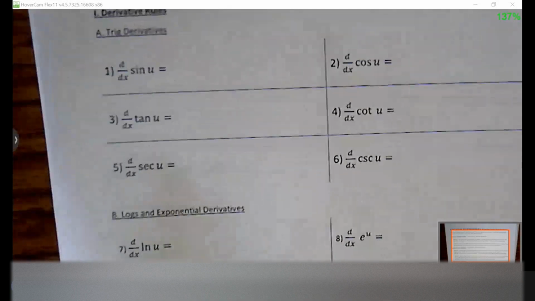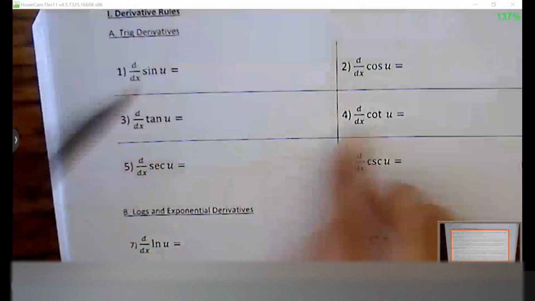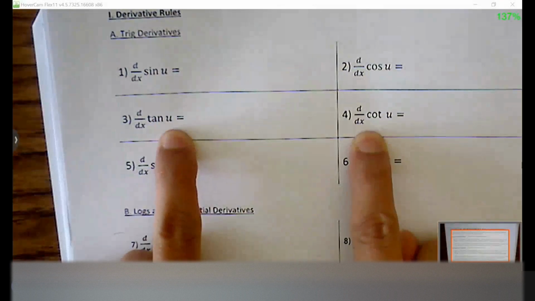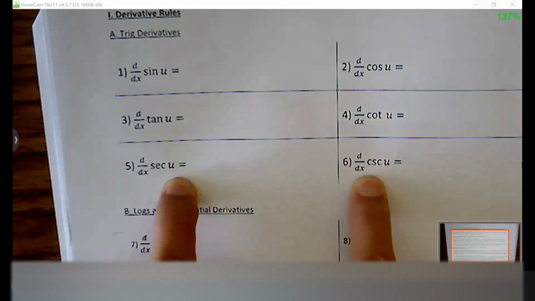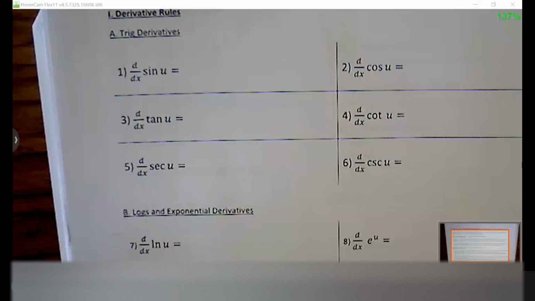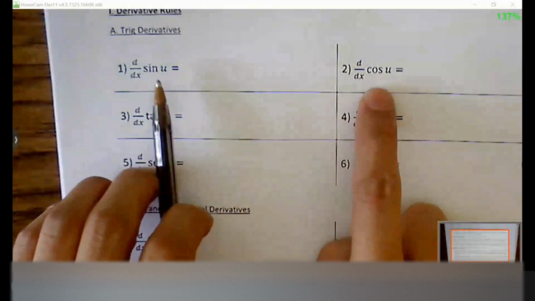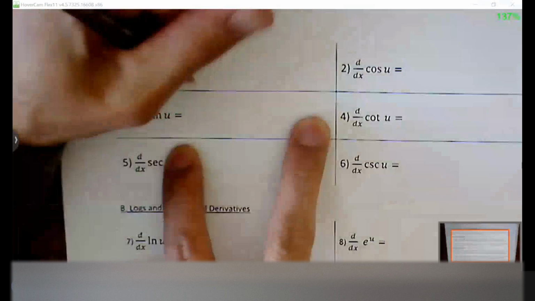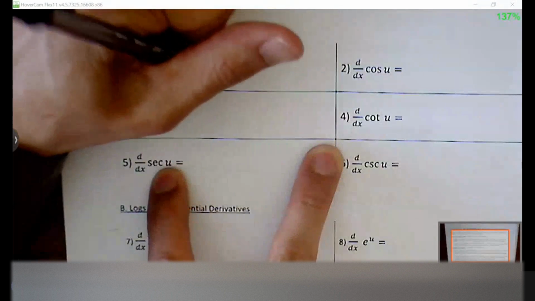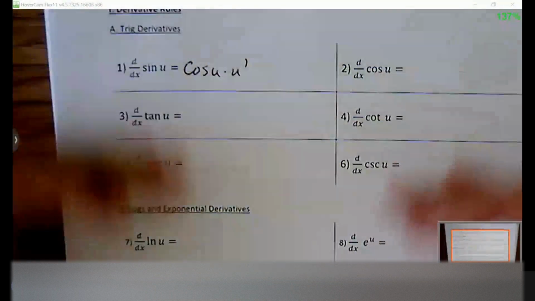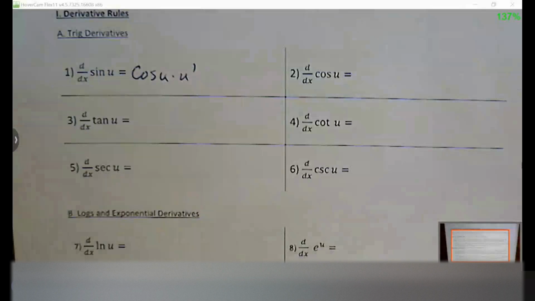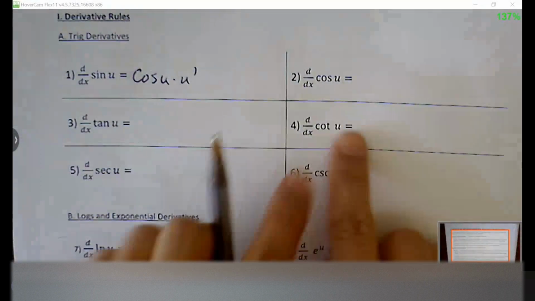Okay, so this is what you're going to do. At the top of the page, you're just going to write down sine, cosine, tangent, cotangent, secant, cosecant, in this order, in this pattern. Sine's derivative is cosine. Let me go through and show you why this is conducive to easy memorizing.